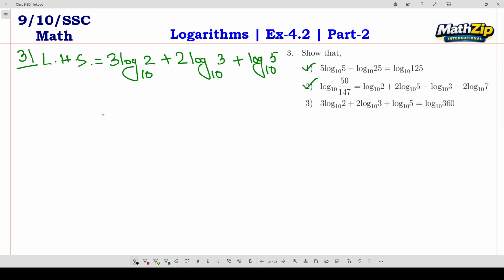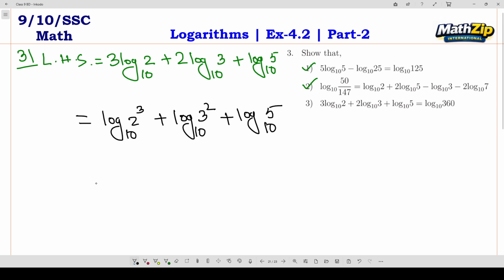So first, step by step we try to solve. So these 3 we can write like log 10 base 2 to the power 3 plus log 10 base, these 2 will become 3 to the power 2 plus log 10 base 5 will be unchanged.